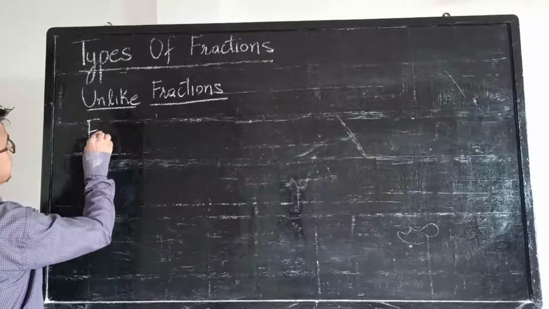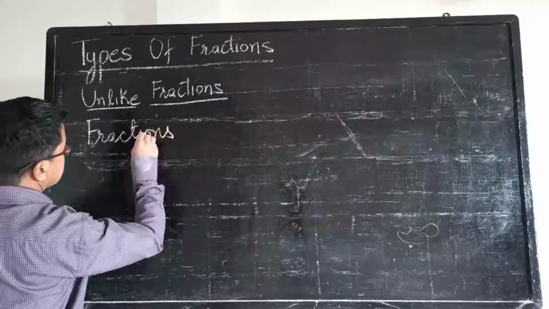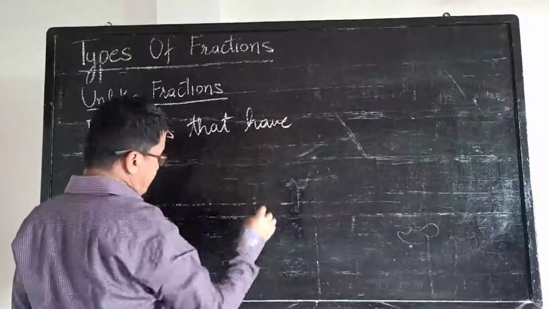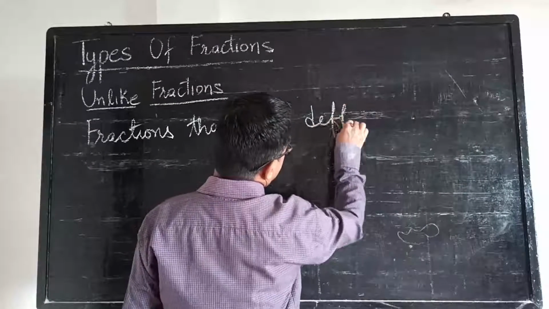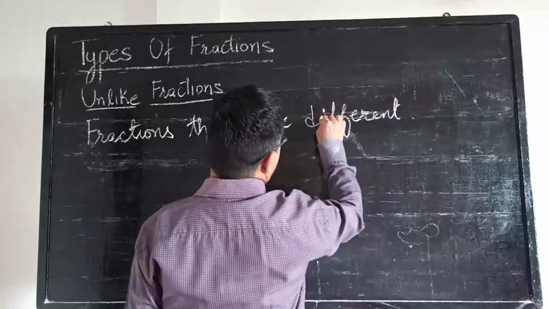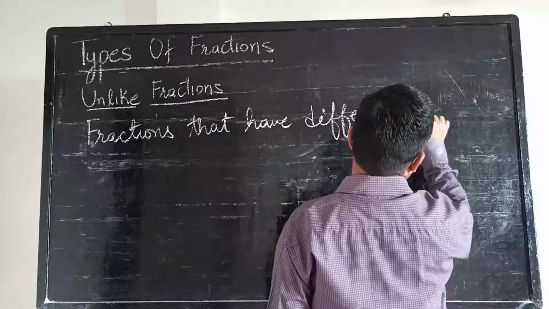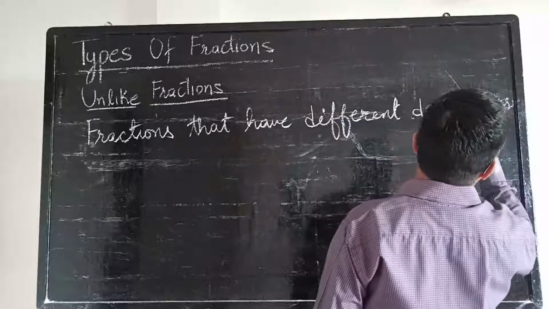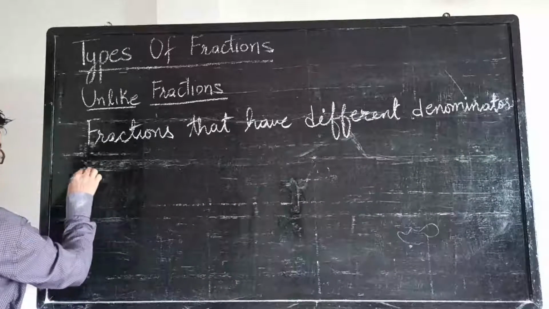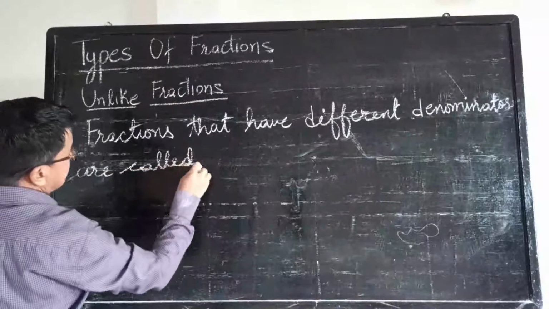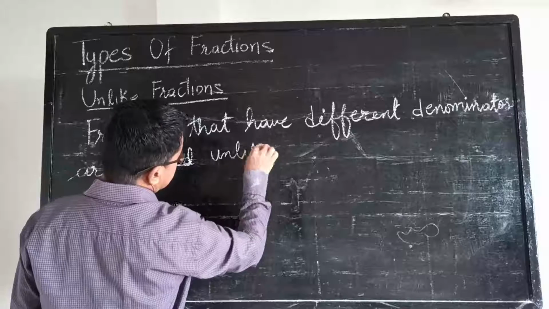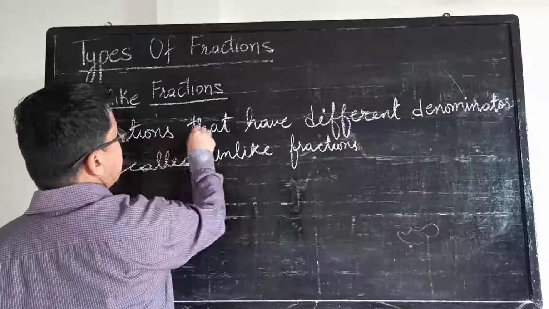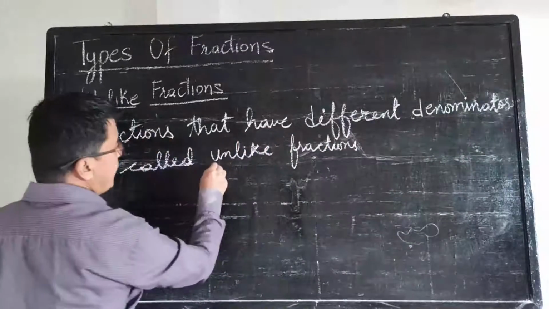Unlike fractions: fractions that have different denominators are called unlike fractions.